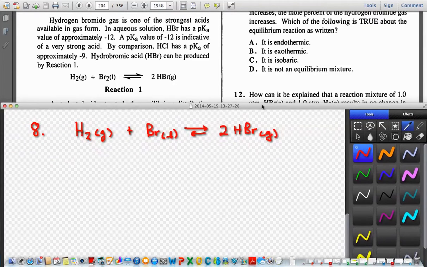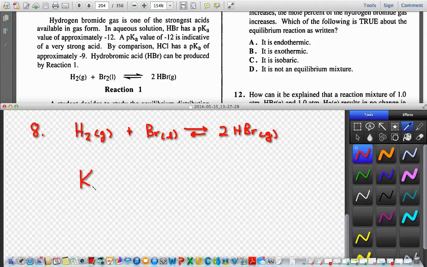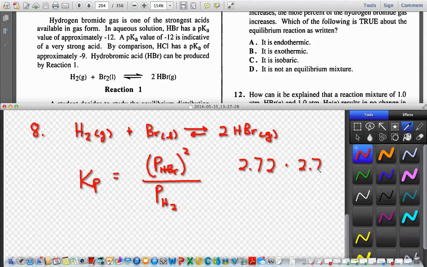So the equilibrium constant expression, so we'll go Kp is the pressure of HBr squared over the partial pressure of H2. Since Br2 is a liquid, it doesn't go into the equilibrium expression. That's 2.72 squared. However, what I would do is 2.72 times 2.72 divided by 1.36, because this becomes 2.